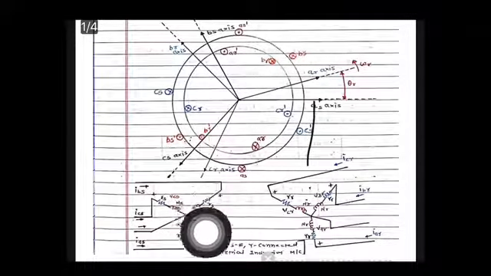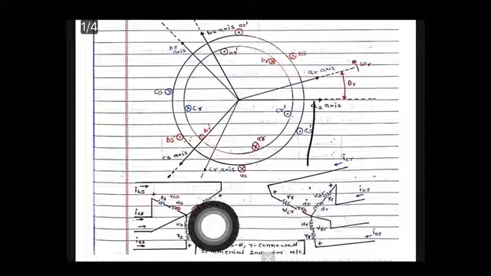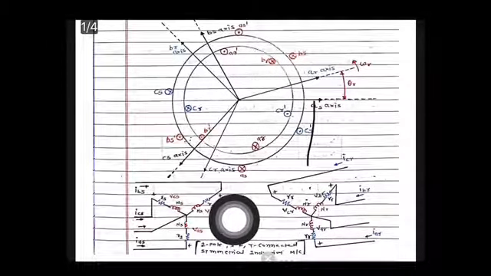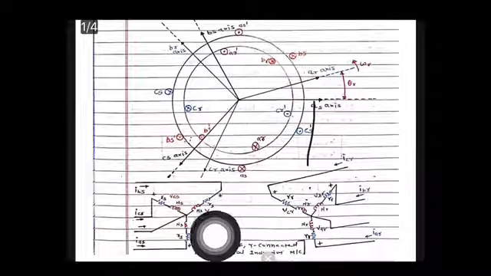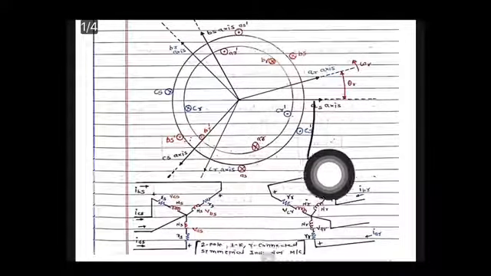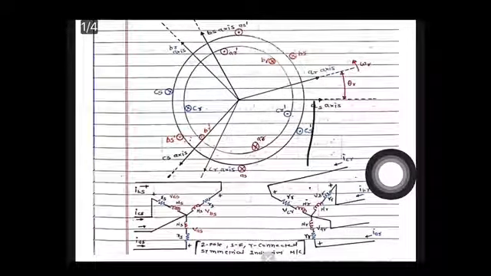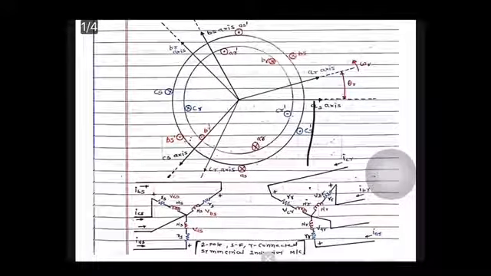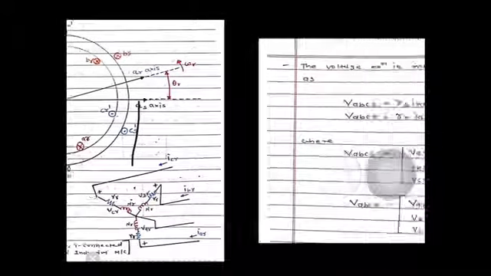So this is stator side, this is rotor side. On stator side there is a stator resistance RS, and number of turns for the stator inductance is NS. Same for RR, and NR is there for the rotor side. So this is the arrangement for the stator and rotor windings.